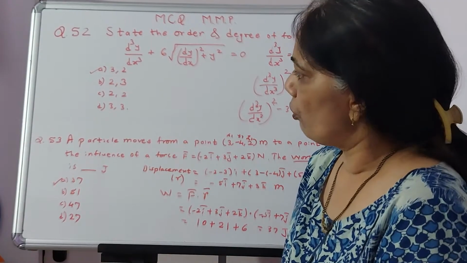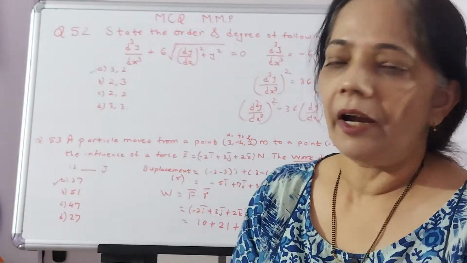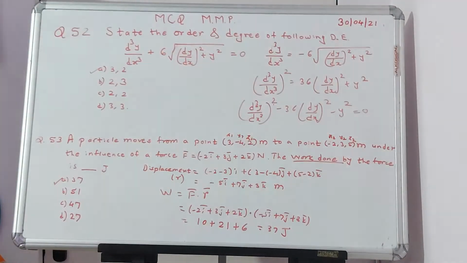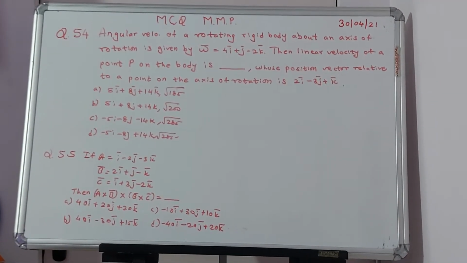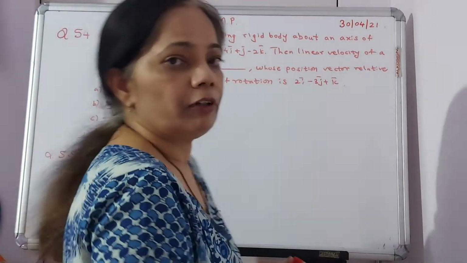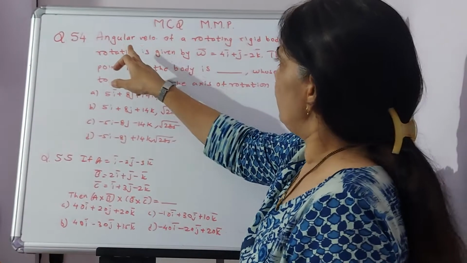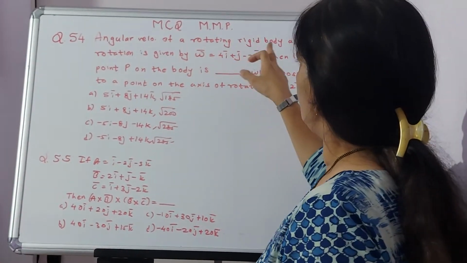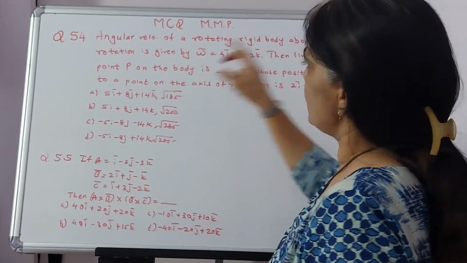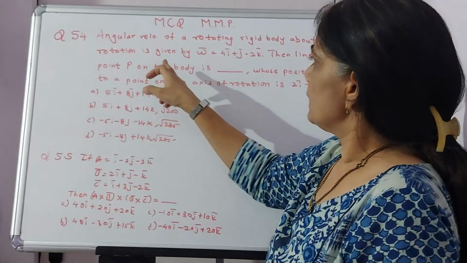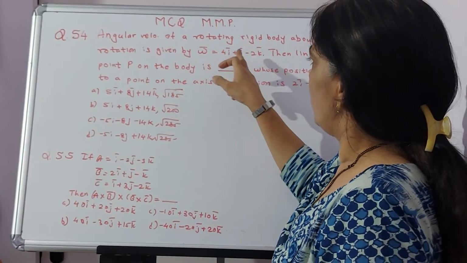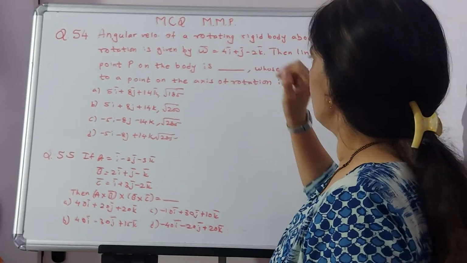Okay? We'll move forward with question number 54 and 55 now. Question number 54 is angular velocity of a rotating rigid body about an axis of rotation is given by omega is equal to 4i plus j minus 2k.